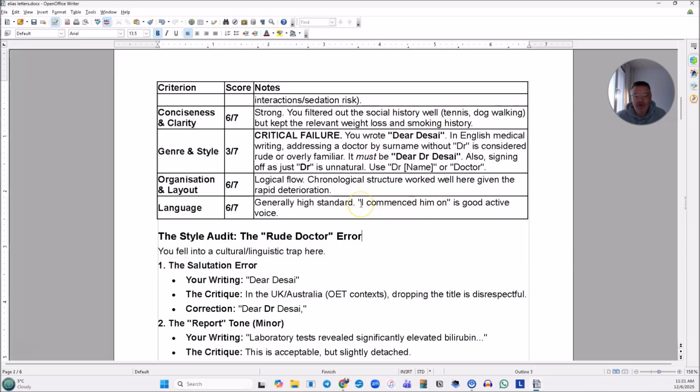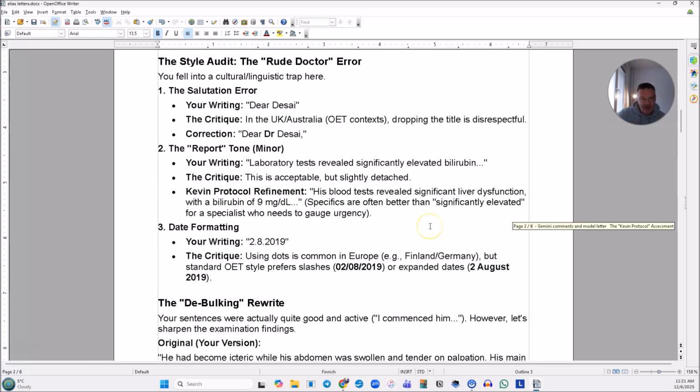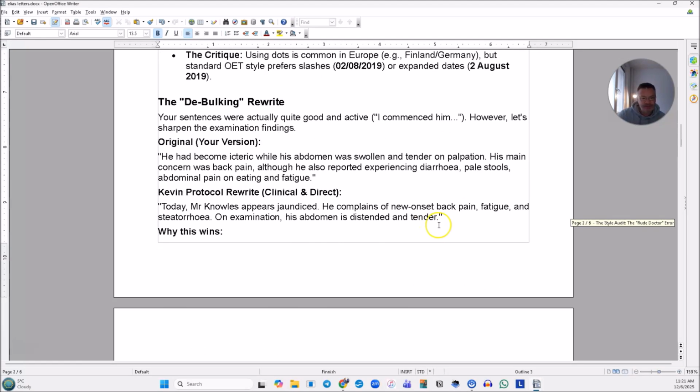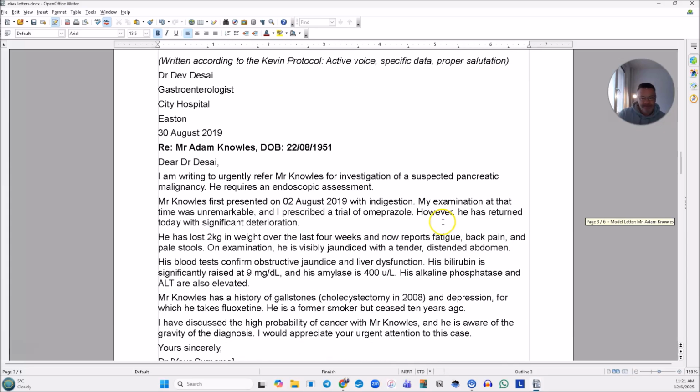I commenced him on, or he was commenced on. Now, it says here, active. You can use it, but passive usually is a better one. So he was commenced on, or anyway. So salutation, error, formatting, debulking, self-examined findings. Okay, now, right.